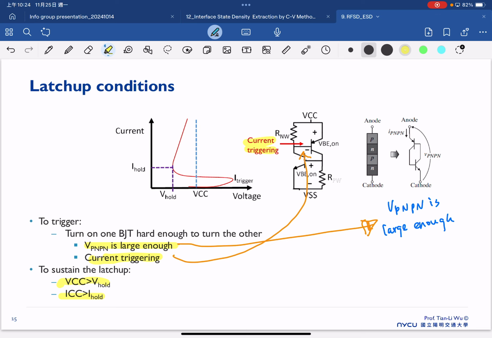If that's the condition, then our transistor will always be in the latch-up condition. This also provides us another mindset: if we don't want the latch-up happening, we need to make sure that these two conditions won't happen. This provides us some strategy later on to prevent the ESD issues.